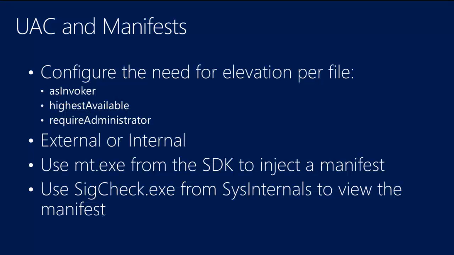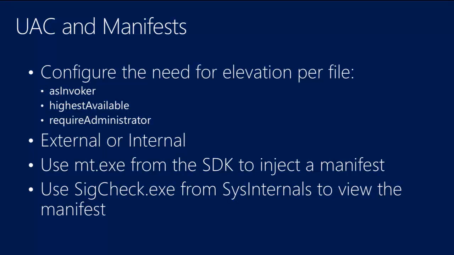You can say asInvoker, which means run this process at the same level as you are running already. So if you are starting it from Windows Explorer, it will run at the medium integrity level. You can say highestAvailable, which means that if you are a member of the administrators group, it will try to elevate. Or you can say requireAdministrator, and that means this executable will not run if you are not a member of the administrators group.